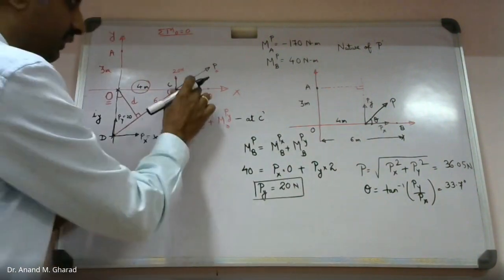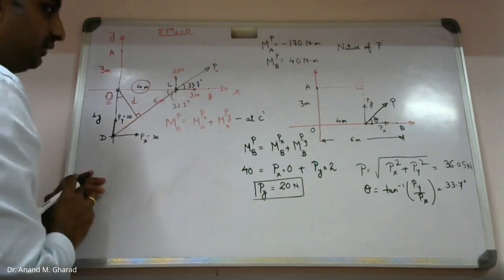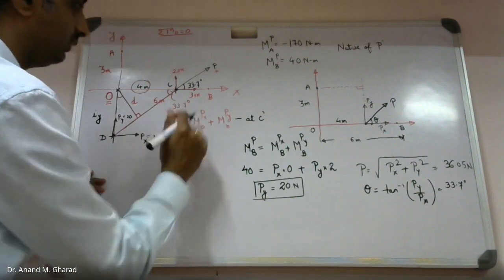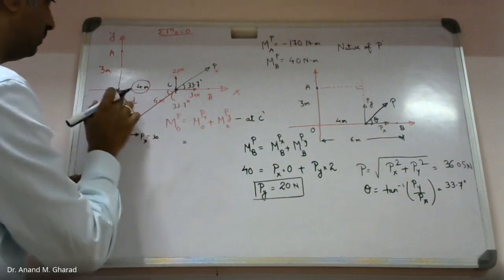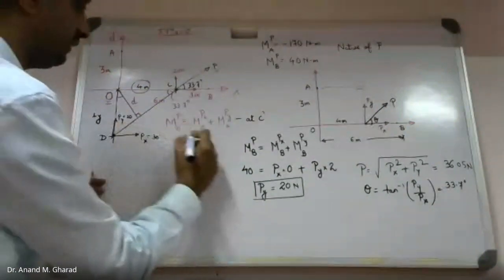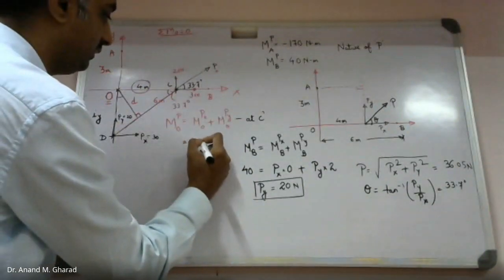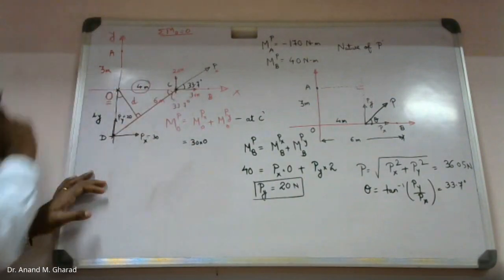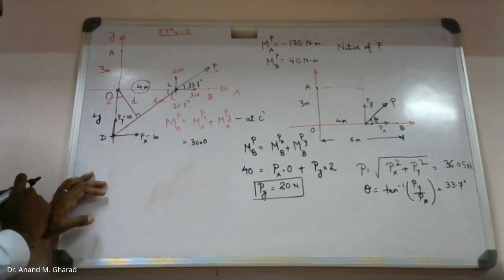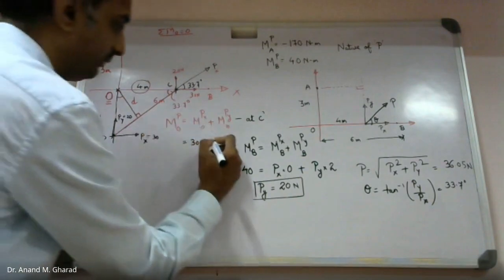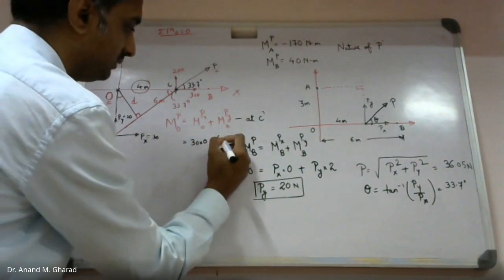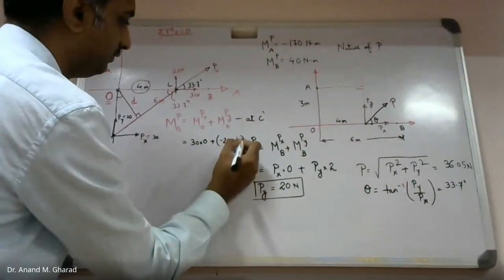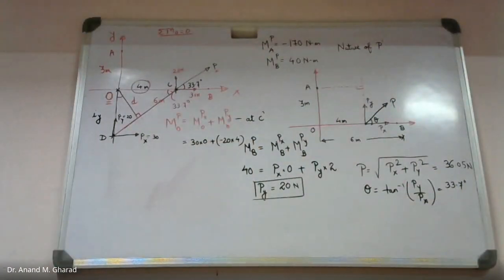Okay, so Varignon's principle at point C. So if I apply Varignon's principle at point C, what will be the value? Moment about point O due to Px, कितना रहेगा? 30 into 0. Am I right? Because this component is passing through point O. Am I right? ठीक है? Plus -20 into 4. Correct है?